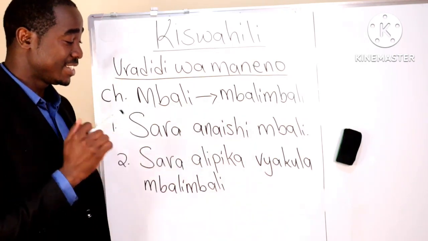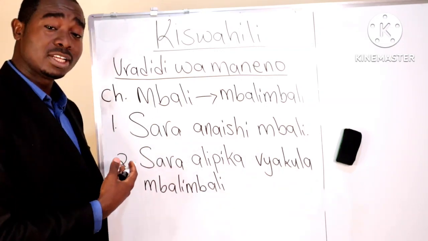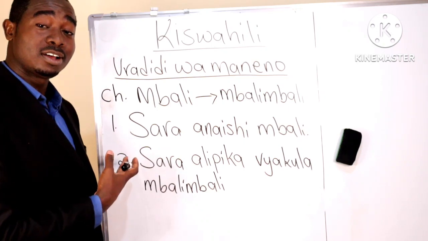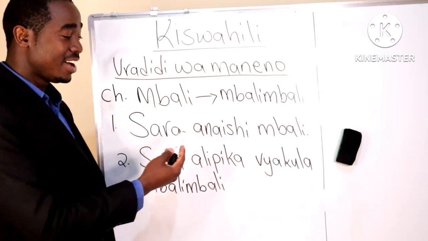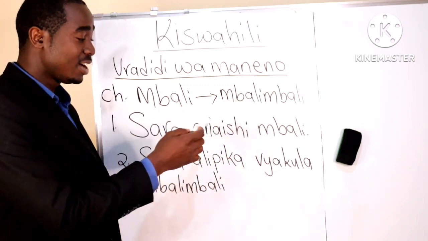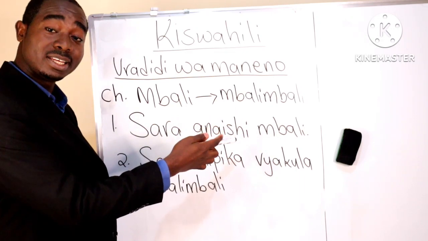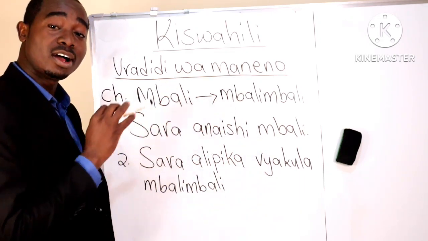Examples, mifano katika sentensi. Sarah is one of my students from Iran. Sarah anaishi mbali. Sarah lives far.